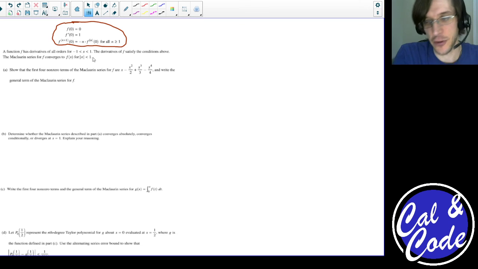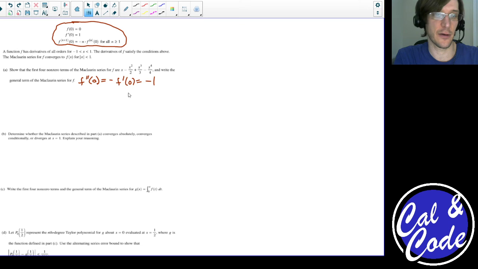I have the function value and I have the first derivative, but I need to get to the second derivative at 0. Well, the second derivative at 0 is going to be negative 1 times the first derivative at 0. Since the first derivative at 0 was 1, this would be a value of negative 1.